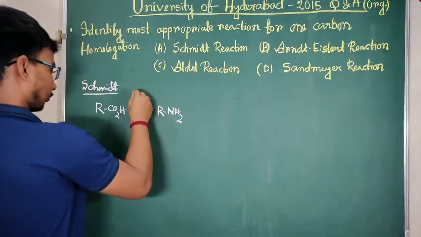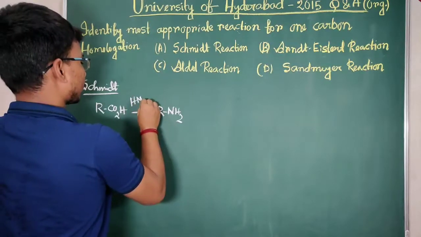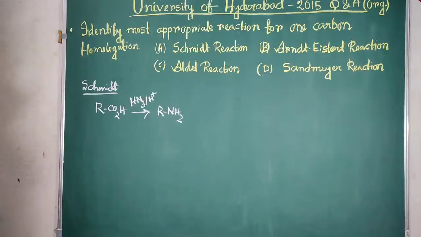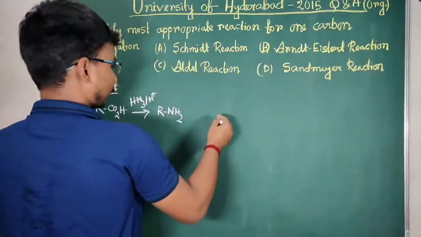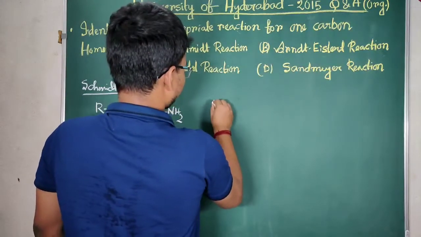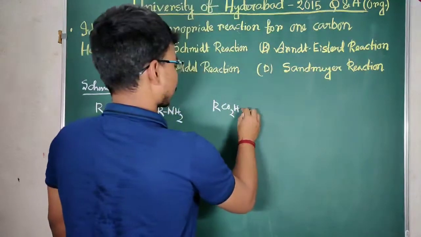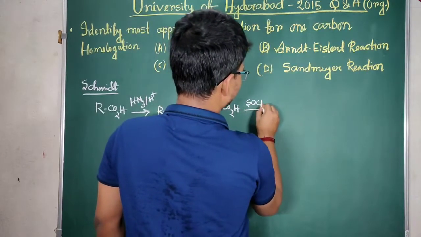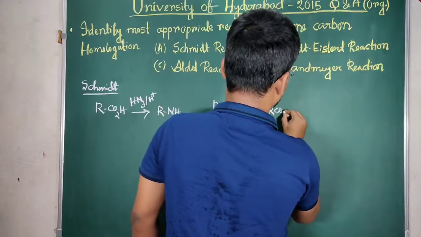Here, for the R star, from RCOOH, at first we take SOCl2, then it converts into RCOCl.